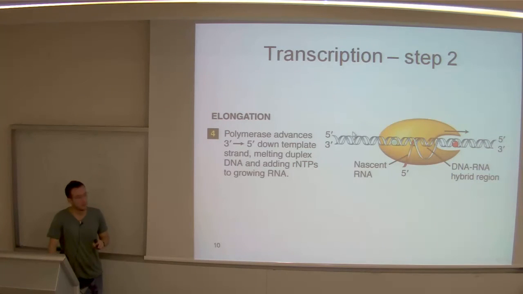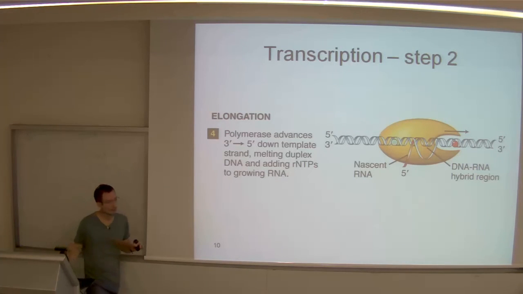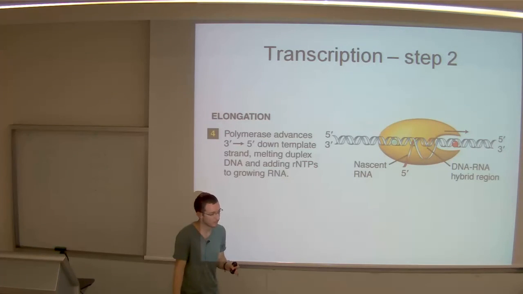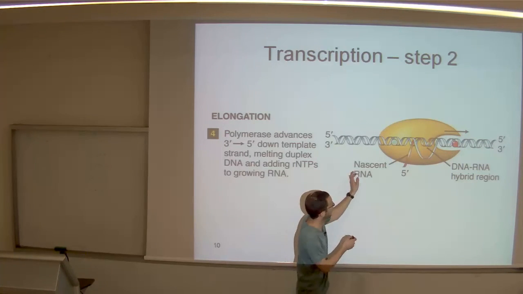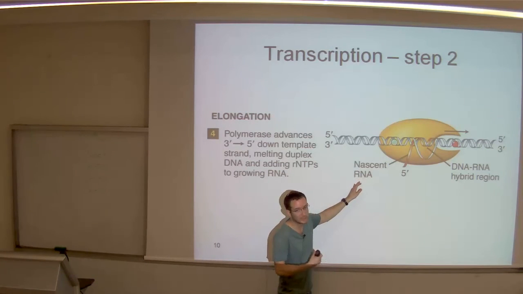It should bond according to the base pairing rules. It should bind nucleotide to nucleotide by complementarity with the DNA. Yes, of course. So the RNA is being transcribed according to the DNA template.